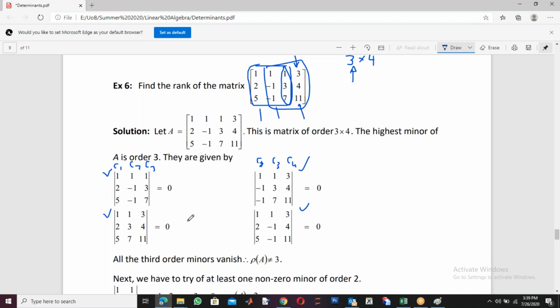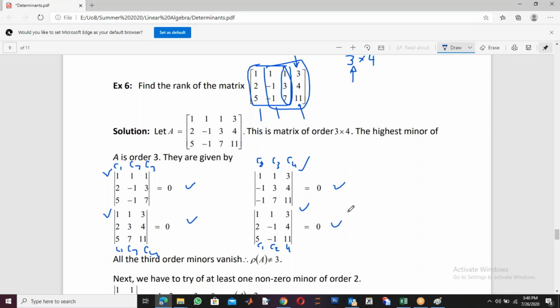Okay, and this is column 1 3 4, column 1, column 3, column 4, right? So this is column 1 2 4. So there are, of course, 4 possibilities only. Now you see all of the determinants are 0. If you calculate these determinants, they are 0.